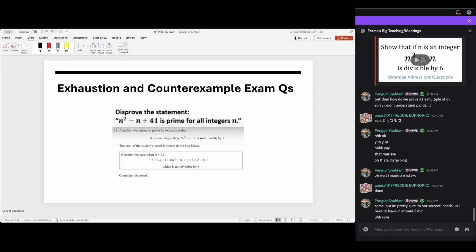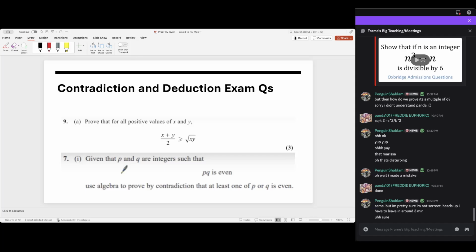Wait, I got the counterexample was 11. 11, yeah. 121 minus 11 is 110, and 110 over 3 is not an integer. Yeah, right. Let's be quick. Someone has to go.